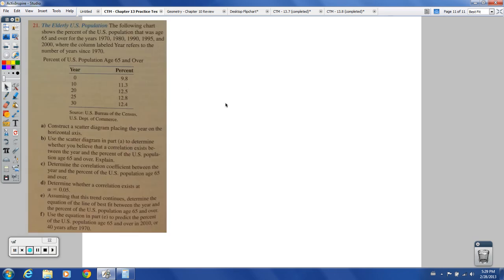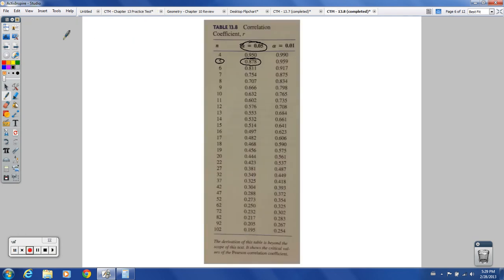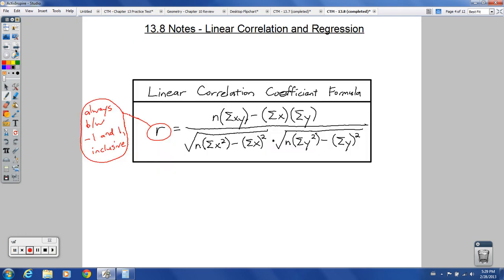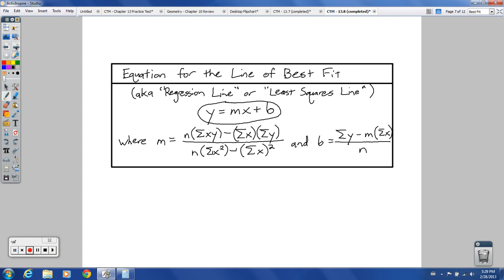There it is again. So part E, assuming the trend continues here, equation of the line of best fit. So going back to 13.8 for that, not that, but that one. There we go. So y equals mx plus b. You're going to use m as this and b as this. So we need to use this stuff again.